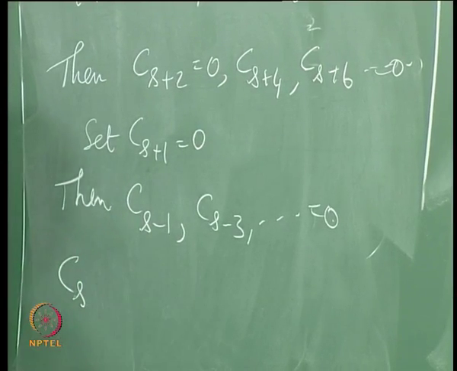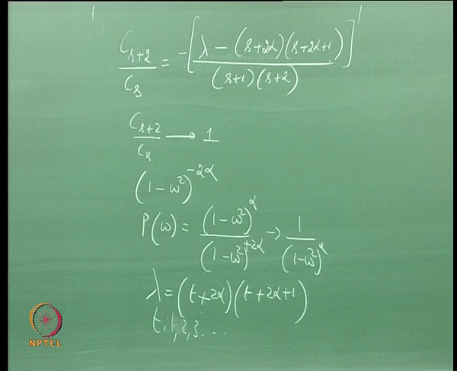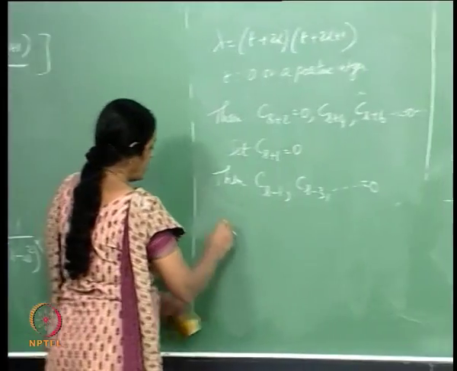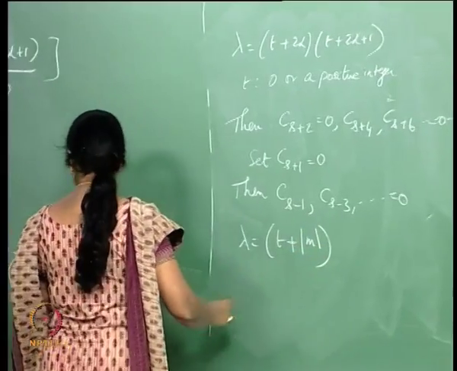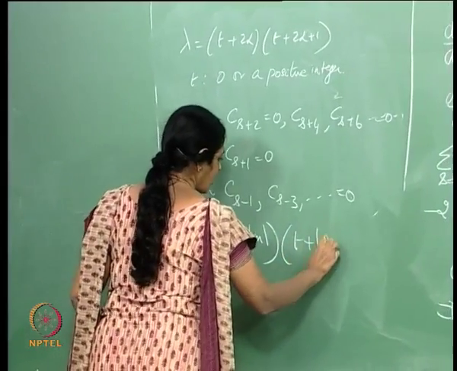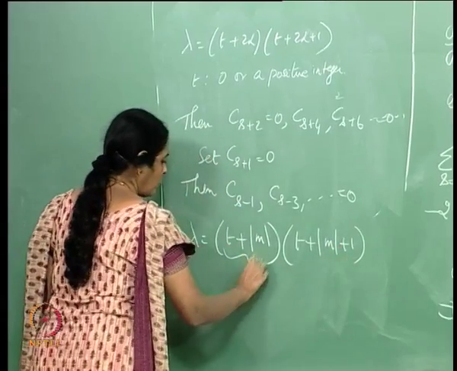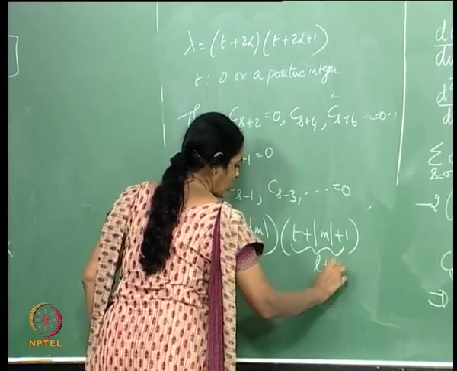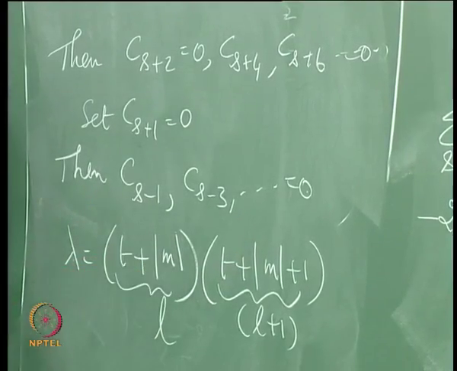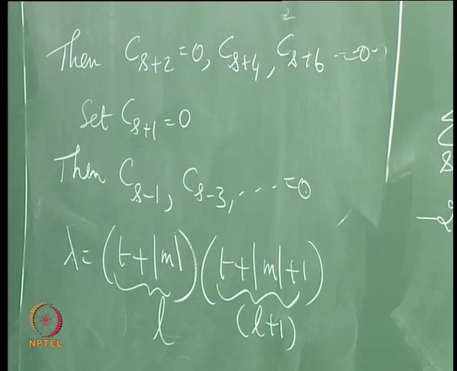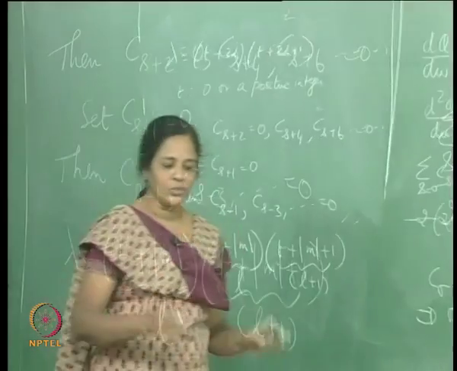So that is the structure, and you have terminated the series. But this gives you the value of lambda, because 2 alpha is mod m. So lambda is t plus mod m times t plus mod m plus 1, and I would call this L, and this L plus 1. t takes values 0, 1, 2, 3 etc. Mod m takes values 0, 1, 2, 3 etc. L takes values 0, 1, 2, 3 etc.